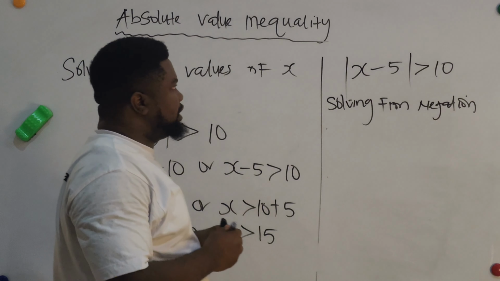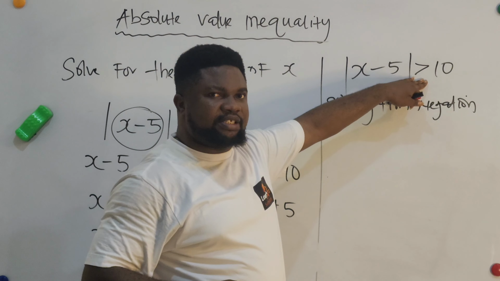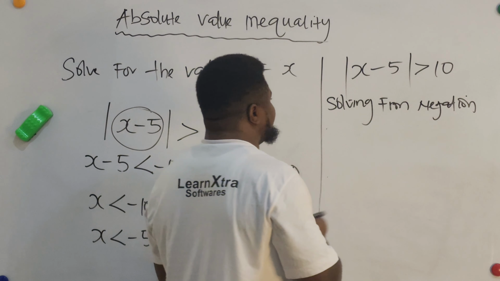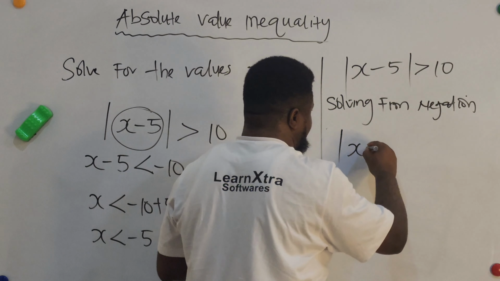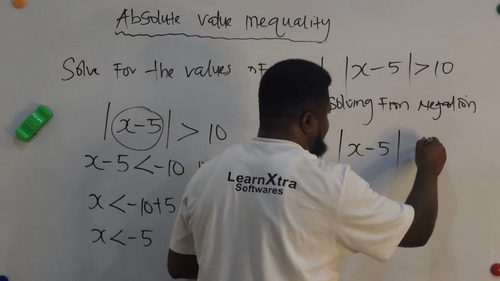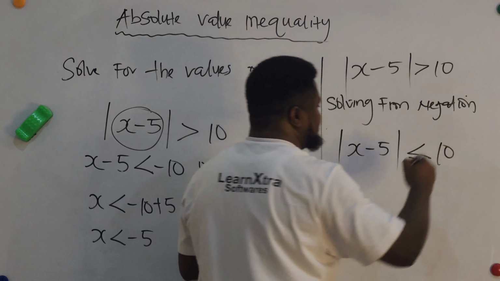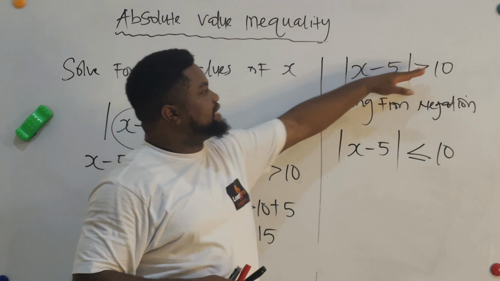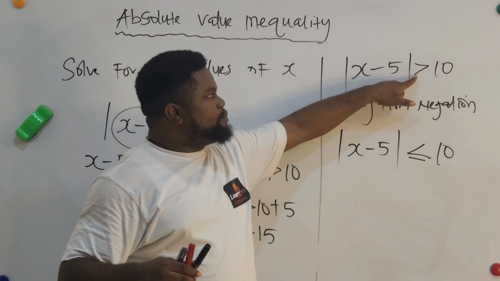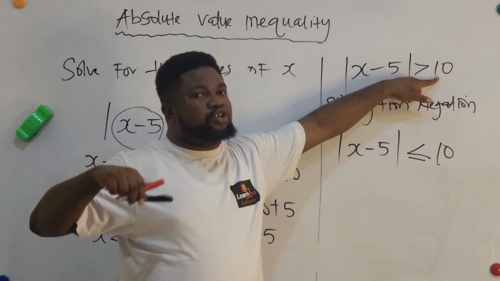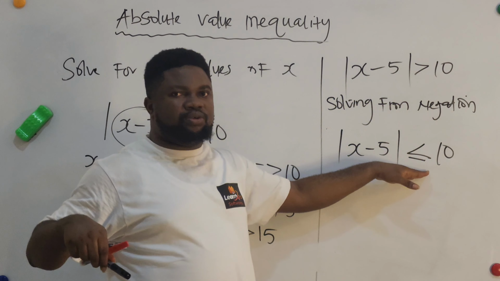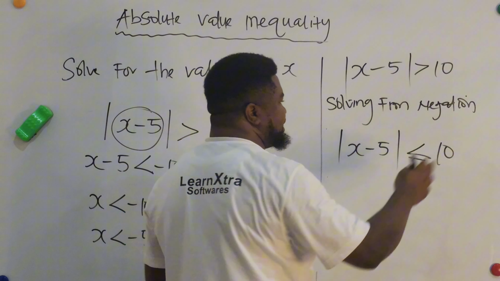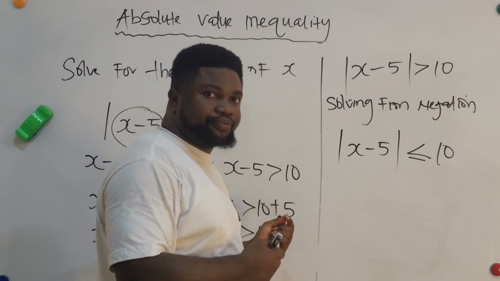They give you this. You can change what was given to you to become this. From the law of trichotomy, if you are not bigger than 10, the negation of bigger than 10 becomes smaller or equal to 10. Law of trichotomy. So with this, you can go ahead and solve the one you know.